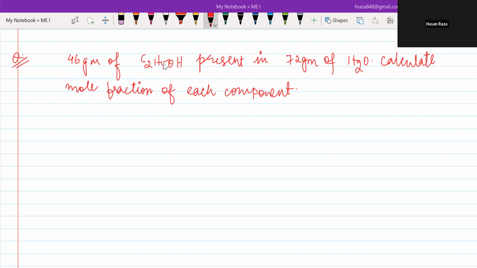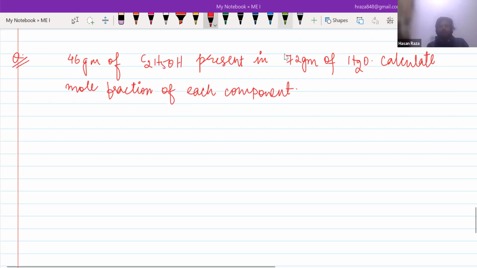Okay, so see, it's very easy. What do you need to do? 46 gram of C2H5OH present in 72 gram of H2O. Calculate mole fraction of each component.